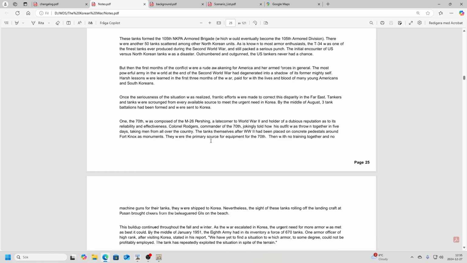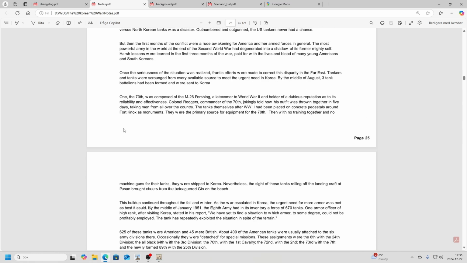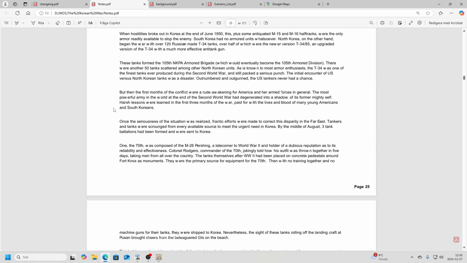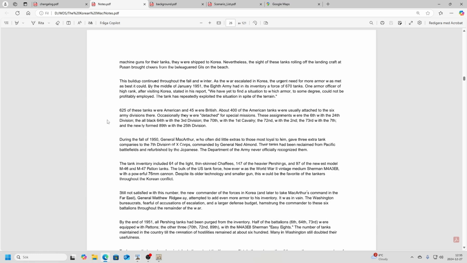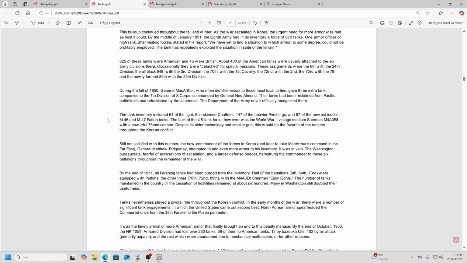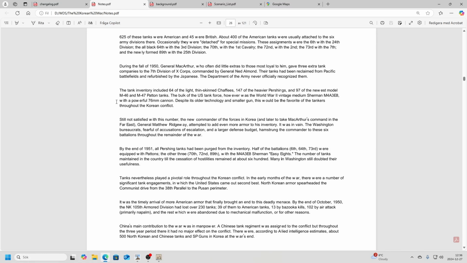And so they talk about some American tanks, the M26 Pershing and the M24 Chaffee. There was a lot about that, and some British tanks were used as well. It says the tank inventory includes 64 of the light thin-skinned Chaffees, 147 of the heavier Pershings, and 97 of the newest models, the M46 and M47 Patton tanks.